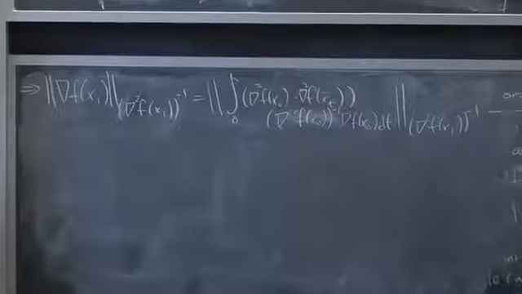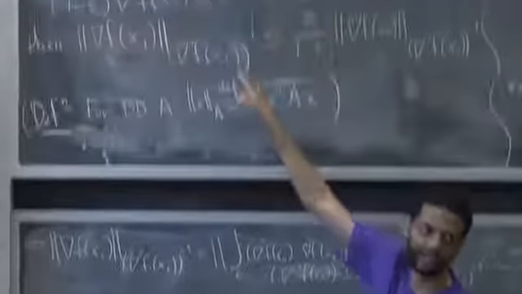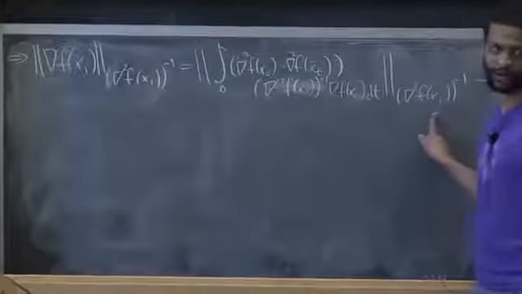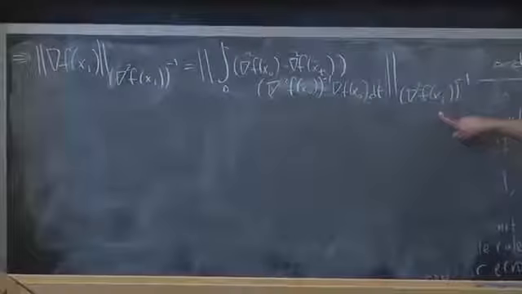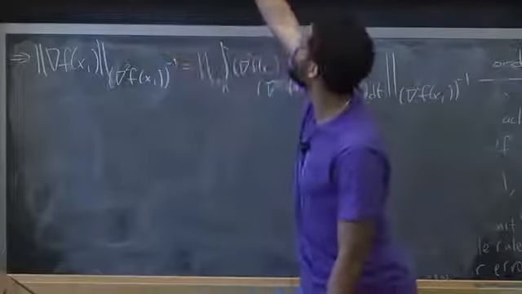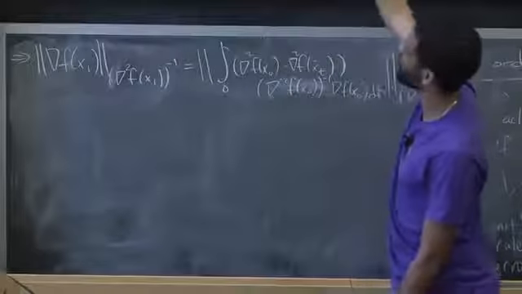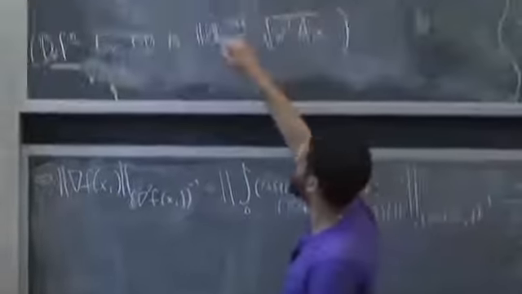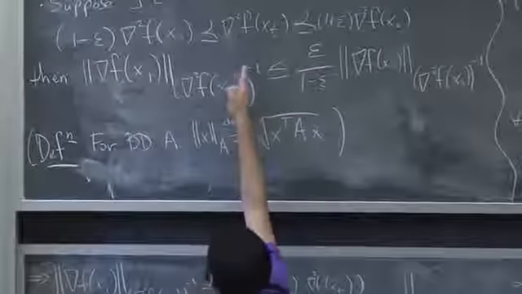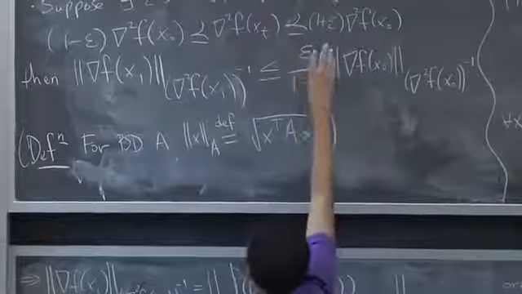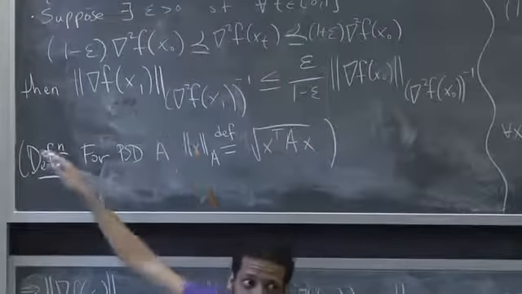But now, because we know that the Hessians are spectrally similar along the entire line, we can replace this norm with the x0 norm, right? And pay at most a 1 over 1 minus epsilon. So the Hessians themselves have this 1 minus epsilon, 1 plus epsilon gap. So if you take the inverses, you have a similar sandwiching inequality for the inverses, where on the right-hand side you would have 1 over 1 minus epsilon, and on the other side you have 1 over 1 plus epsilon.